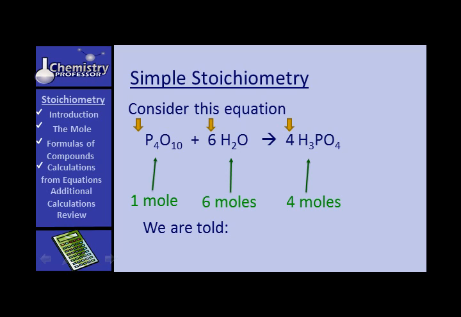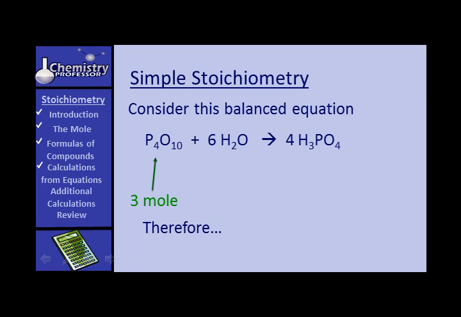That's right. Now, on the basis of that, if we have 3 moles of P4O10, how many moles of water are we going to need to complete this reaction? Well, look at it like this.